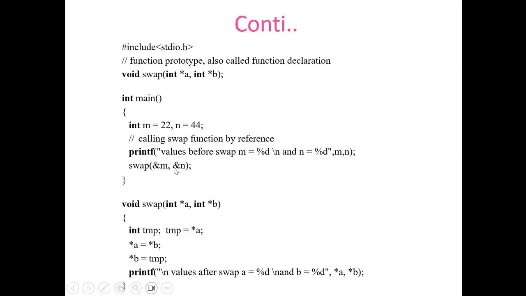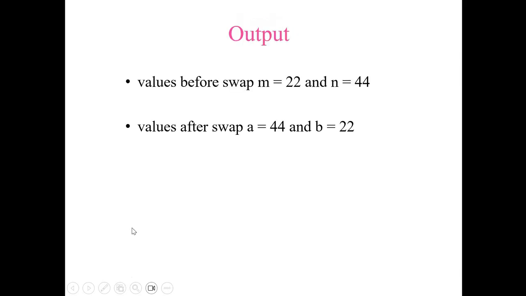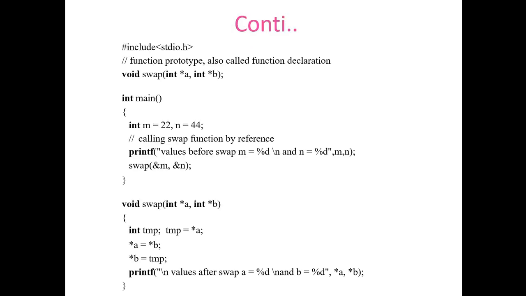And then for the swapping call, the actual parameters are the address of m and the address of n. In this function definition part, we have done the swapping. This program shows the swapping of two numbers using call by reference. The addresses of m and n are passed to the function swap.